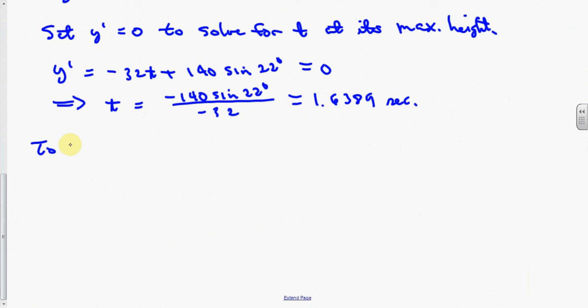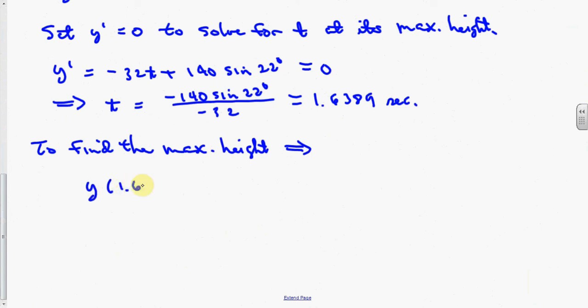So here, to find the maximum height, implies that we have y evaluated at 1.6389.